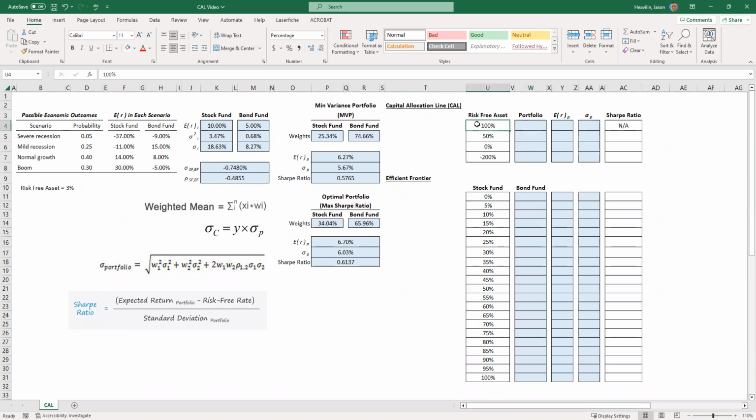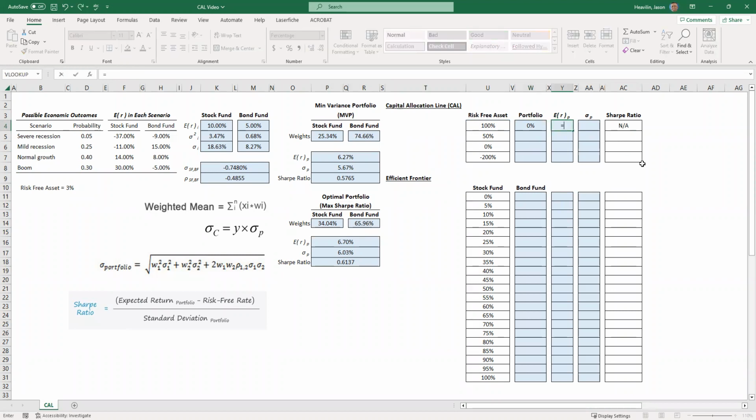So let's say we start from a point where all the capital is dedicated to the risk-free asset, 100%. That means we will have 0% on the portfolio.